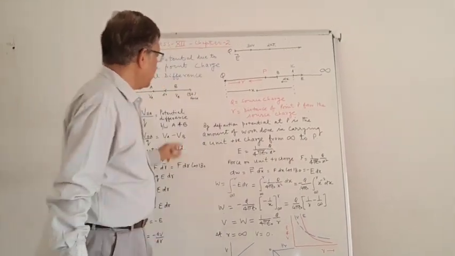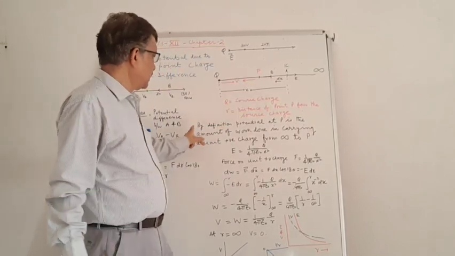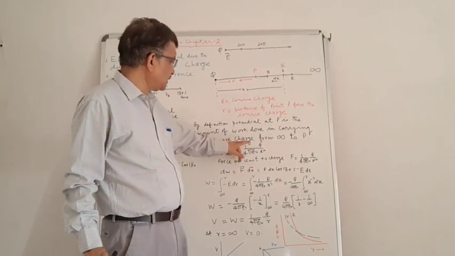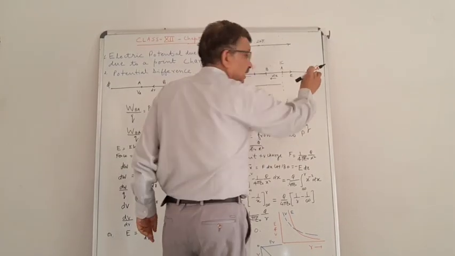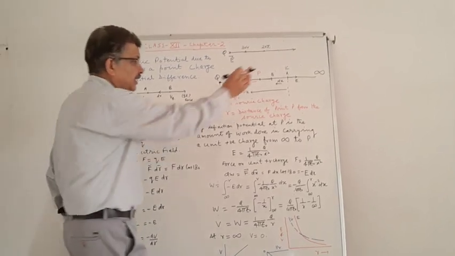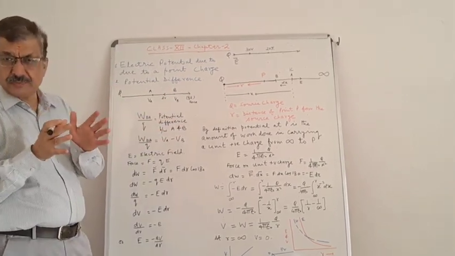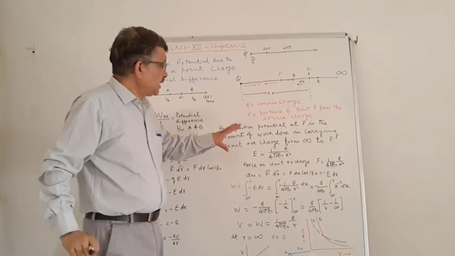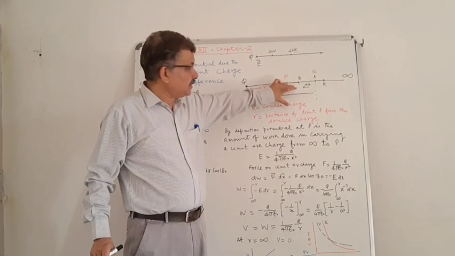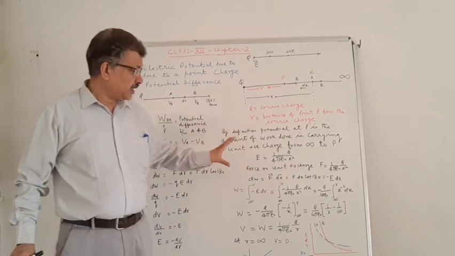By definition, the potential at this point is the amount of work done in carrying a unit positive charge from infinity to that point. Suppose I take a unit positive test charge from infinity to this particular point P, at a distance R, then we have to do some work, and that work is by definition known as the electric potential at P.